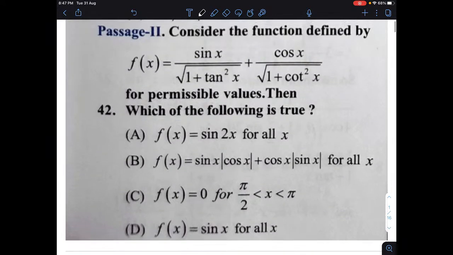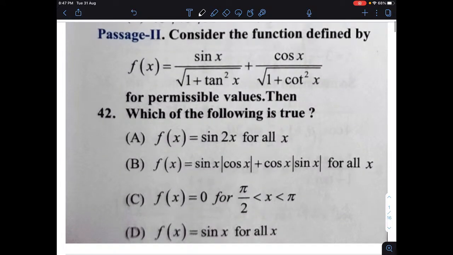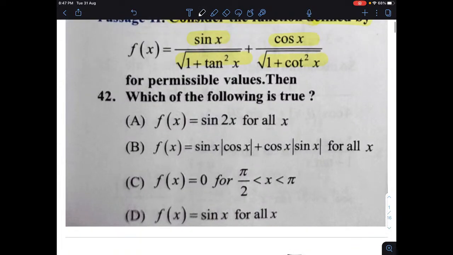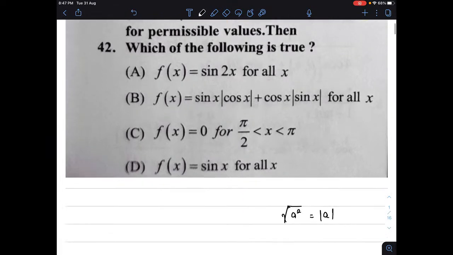So a problem statement is written over here in the form of a passage. A question is given to you. Consider the following function defined by sin x divided by square root of 1 plus tan square x plus cos x divided by square root of 1 plus cot square x. And we do know the value of 1 plus tan square x will be sec square x and 1 plus cot square x will be cosec square x.